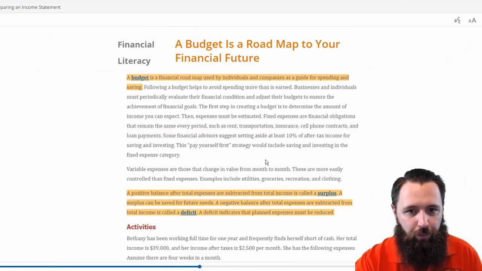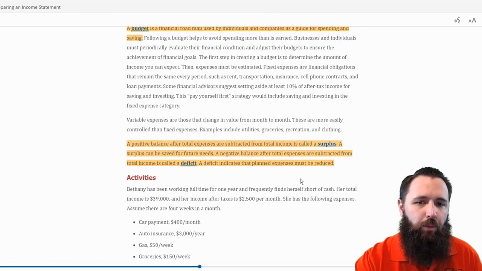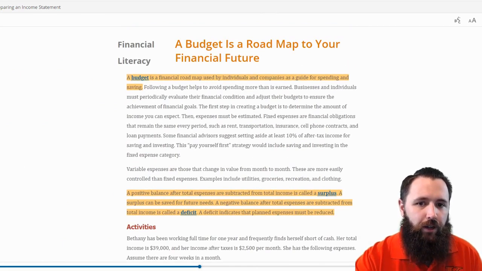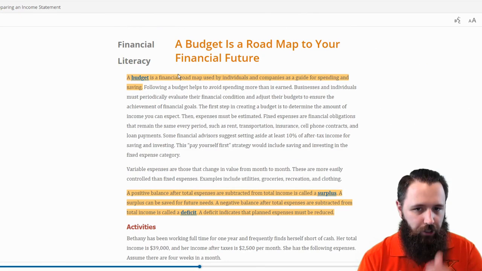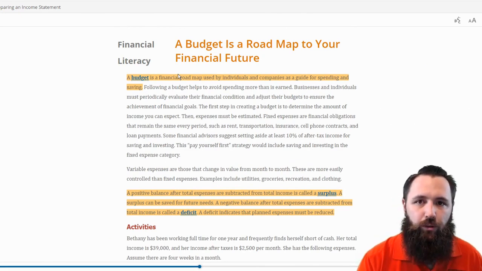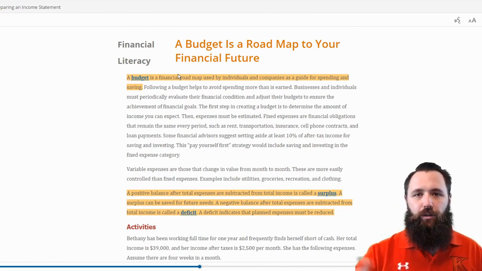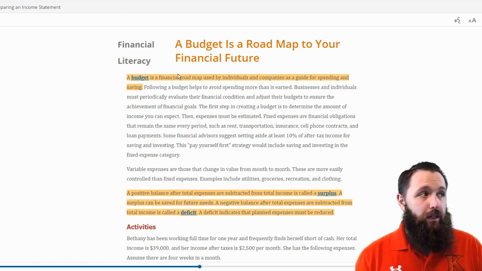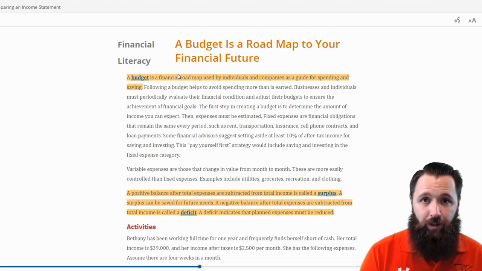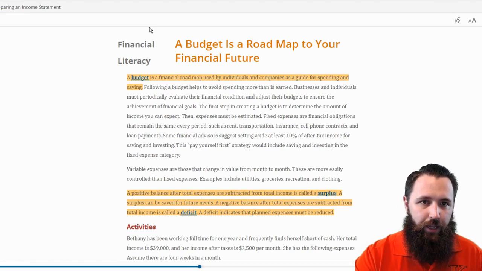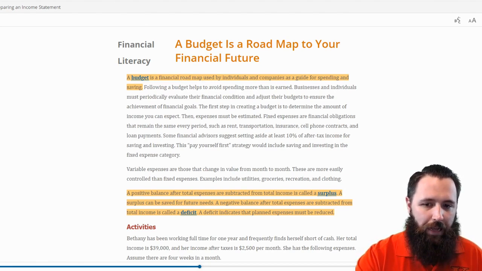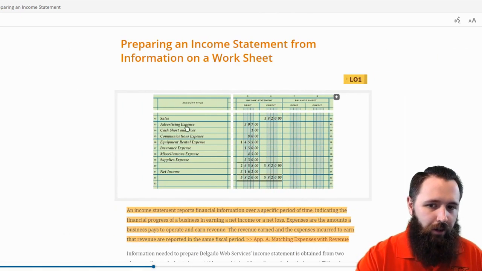They do go through a couple more terms and different things like this, and they pretty much talk about a budget, where it's a financial roadmap for you as an individual or your company to make sure that you're spending and saving your money responsibly. And we need to follow this because, well, why? Let's just take a look at our income statement, right?